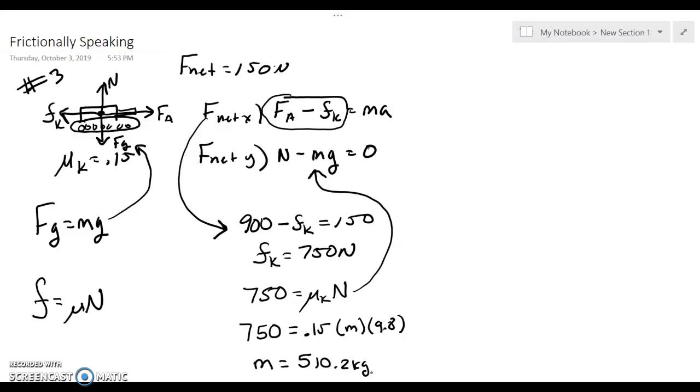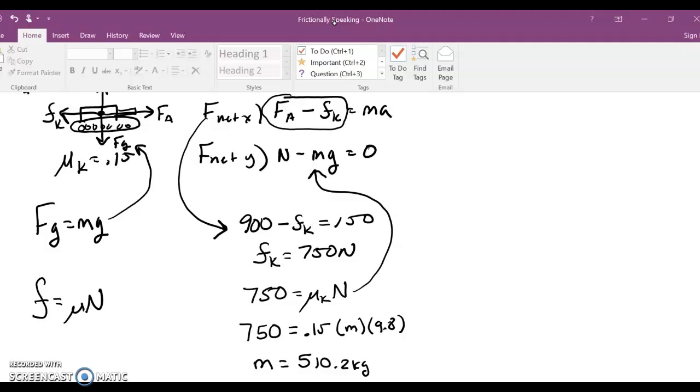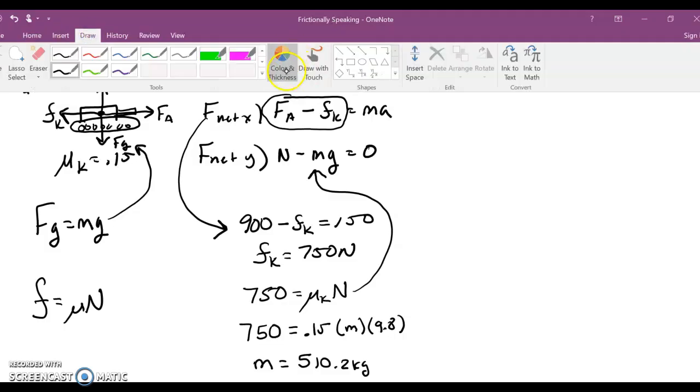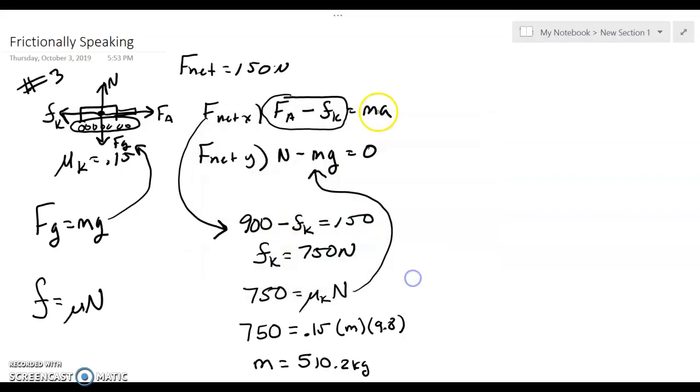The second part of this question wants to know, what is the acceleration? So we're looking for a here.